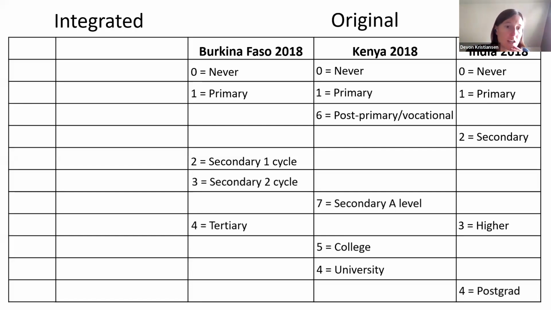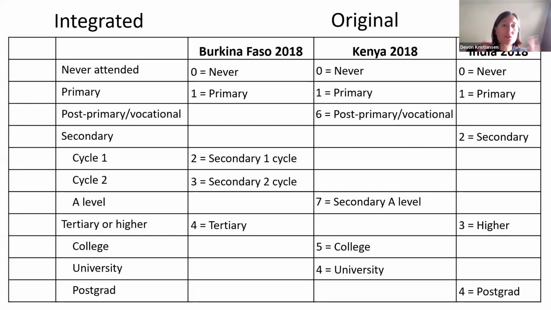Okay. So then I will create harmonized labels to group the education levels appropriately. And I'm going to have a 3-digit coding scheme. This is what we call composite coding. We are going to put never attended all into one category because these are the same across these countries.